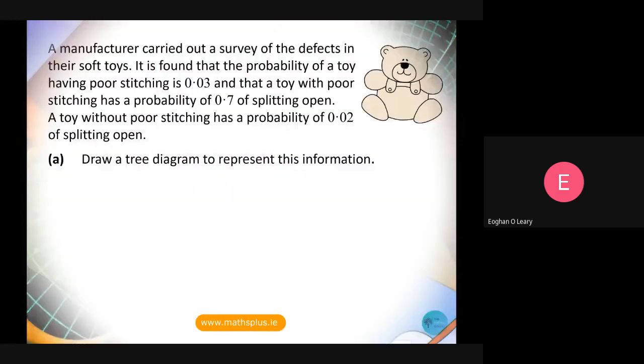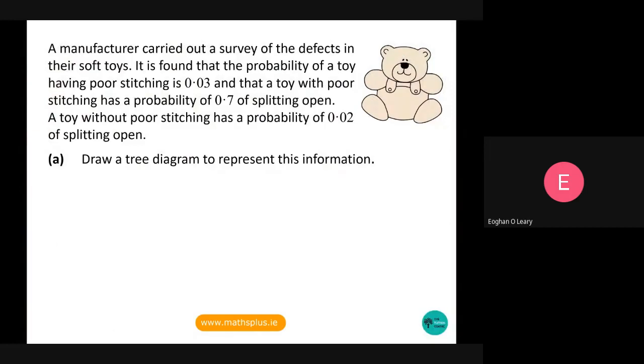Question one is an interesting question, a probability question. A manufacturer carries out a survey of defects in their soft toys. It is found that the probability of a toy having poor stitching is 0.03, so 3%, and that a toy with poor stitching has a probability of 0.7 of splitting open. So 3% of these toys have poor stitching, and 70% of that 3% are likely to split open.